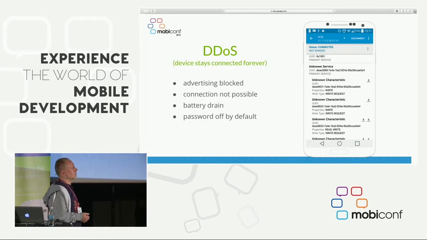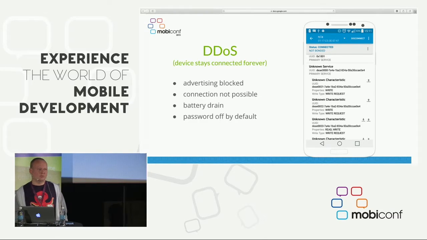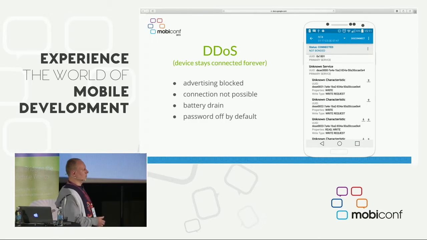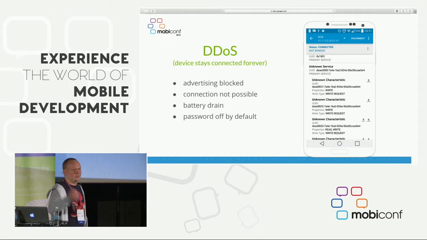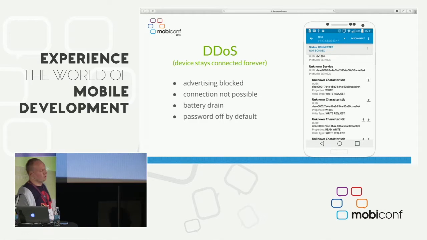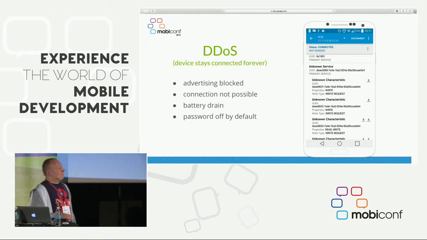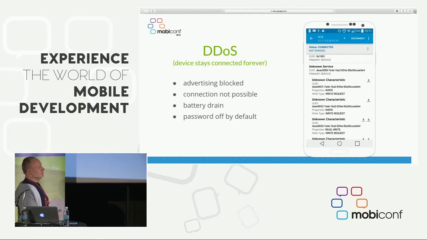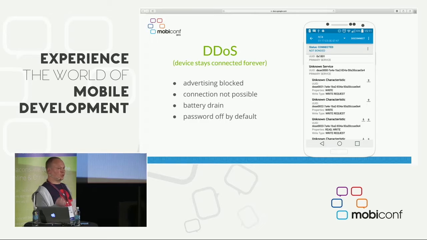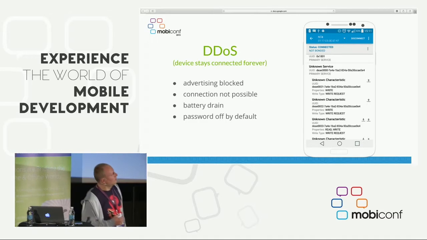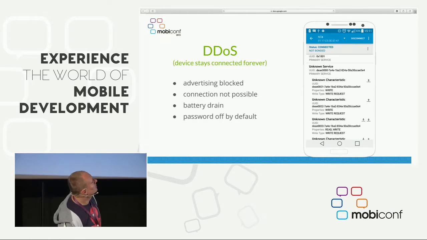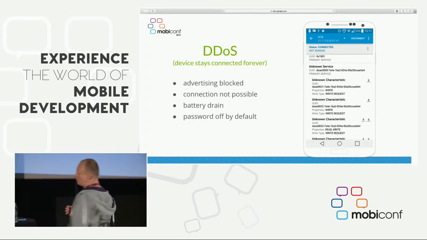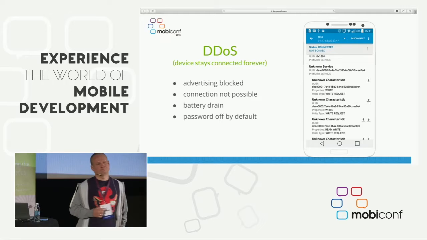This is an application to communicate with all the BLE devices on the market, so you can talk to your thermometer, to the beacon, whatever you want. The first thing I did was try to connect to the beacon, to see if it really requires a password for connection. Yes, it's connected, and I will leave the beacon connected for the whole night.